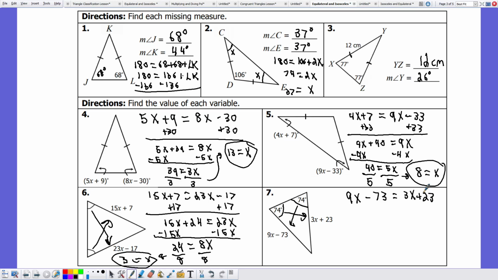Let's subtract 3x on both sides. We have 6x minus 73 is equal to 23. Add 73 on both sides.